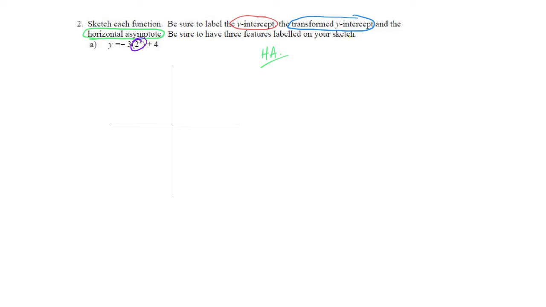I want us to imagine doing all of those things to our base function of y equals 2 to the x. So I want you to imagine reflecting that curve across the x-axis. Okay, picture it. So we should now get the green curve.